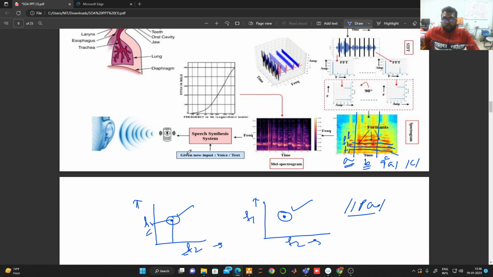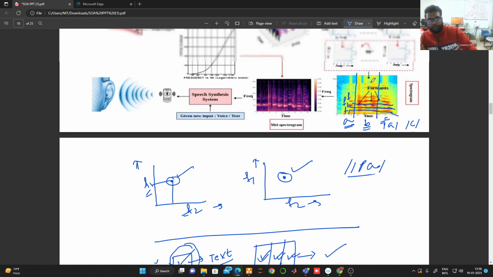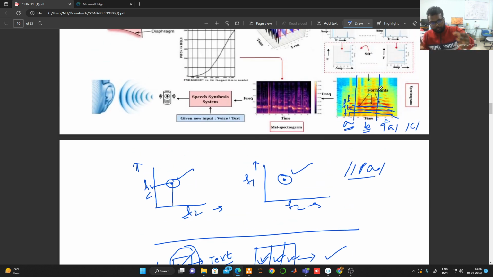However, what I have shown here is the synthesis part. Once the model learns to recognize the textual content based on the formants, we can also do the reverse. Given some text, the system can generate the corresponding mel spectrogram. That is called synthesis, and this specific type is text-to-speech synthesis.